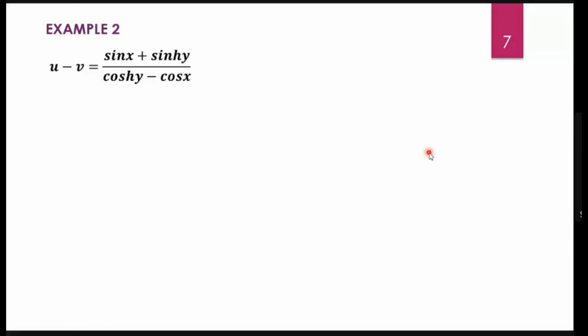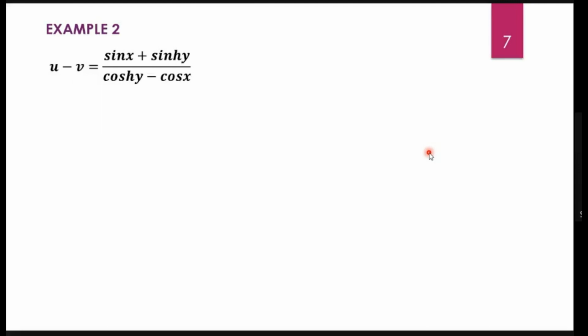Take the next question. u minus v is equal to sin x plus sinh y upon cosh y minus cos x.